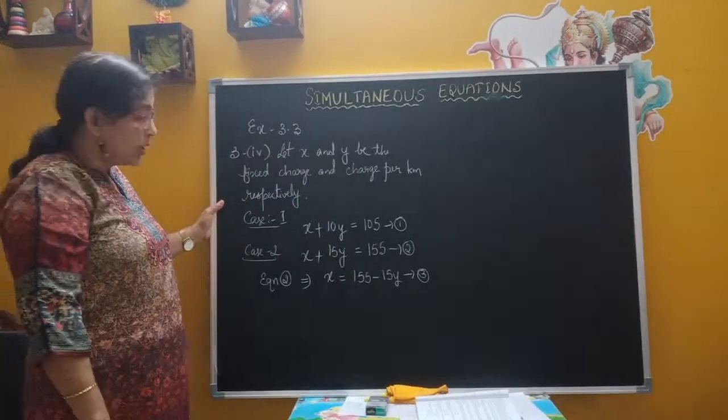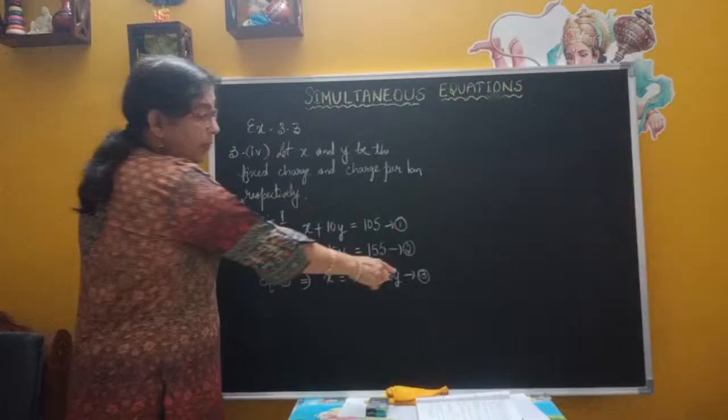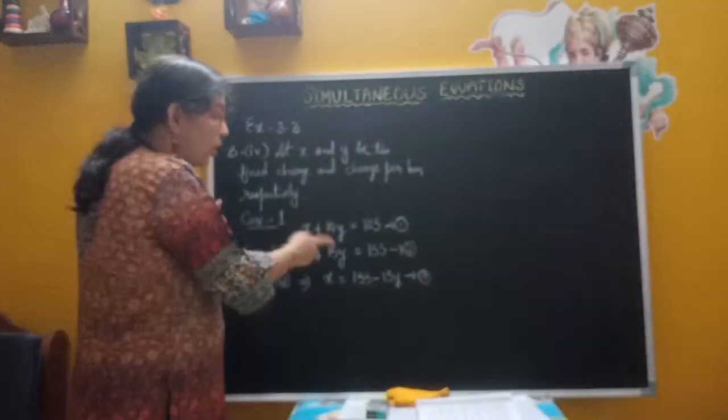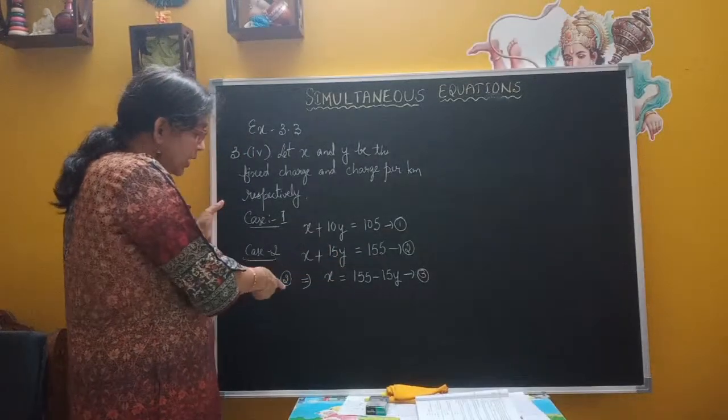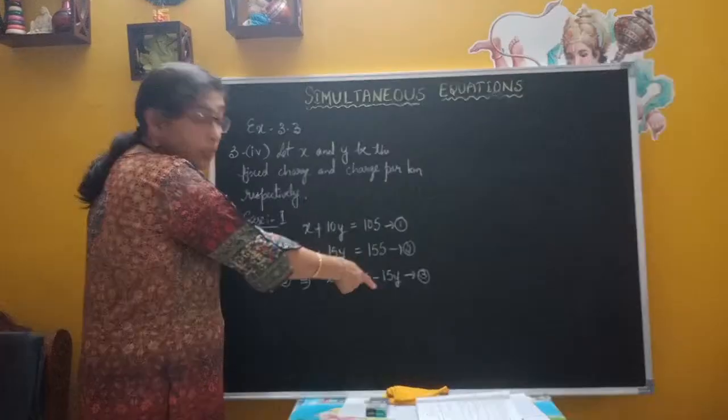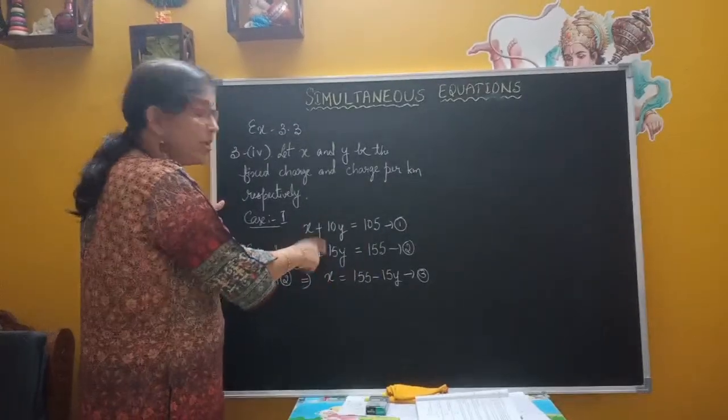Now what to do? Substitute equation 3 in 1, not in 2, because we have converted equation 2 into the required form. Again we cannot substitute the same in this.